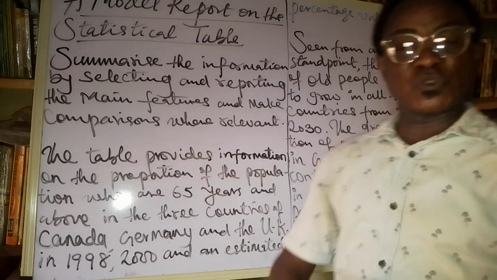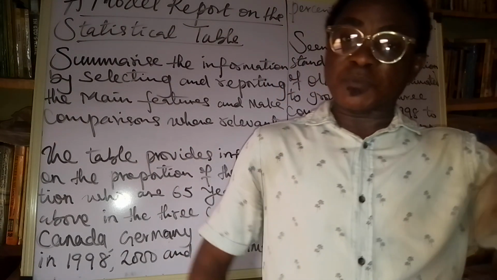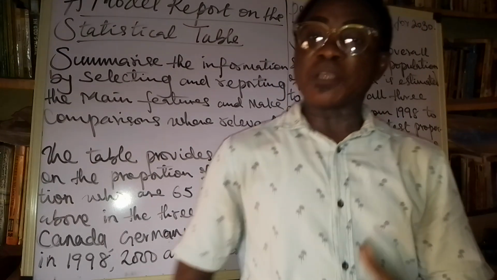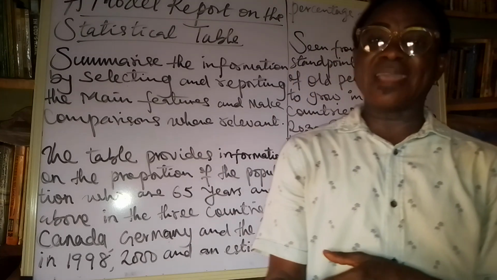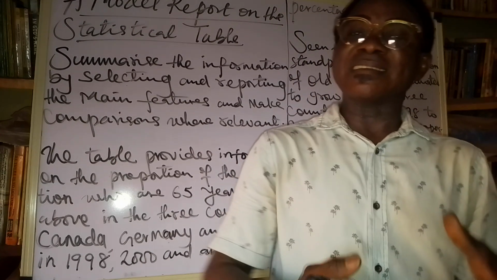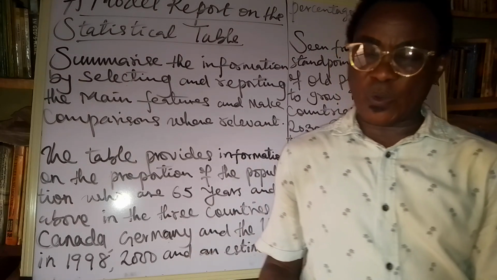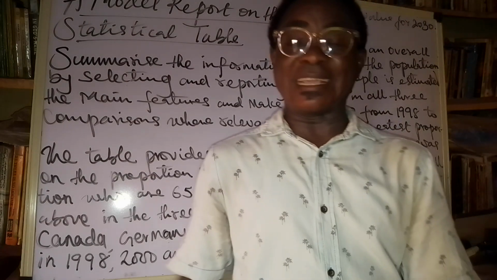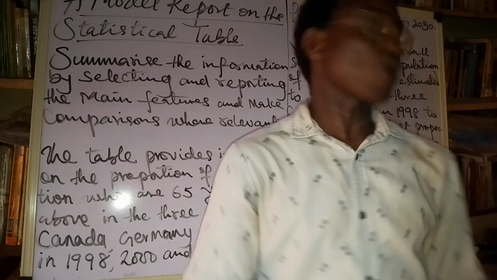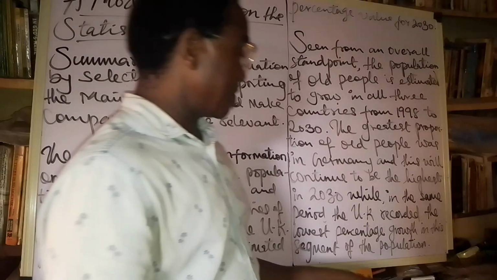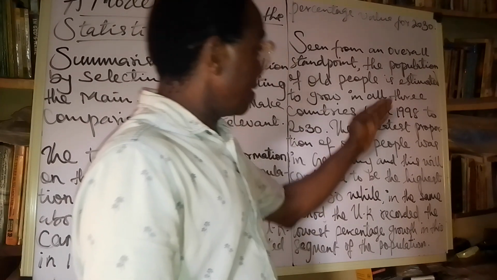Compared to Germany, the population aged 65 and above in the UK remained at an all-time low within this period. It didn't grow as such. Now, that is the overview.